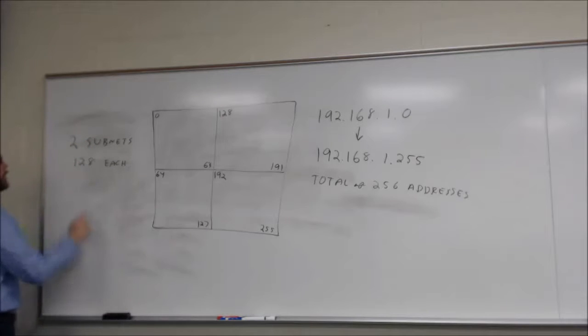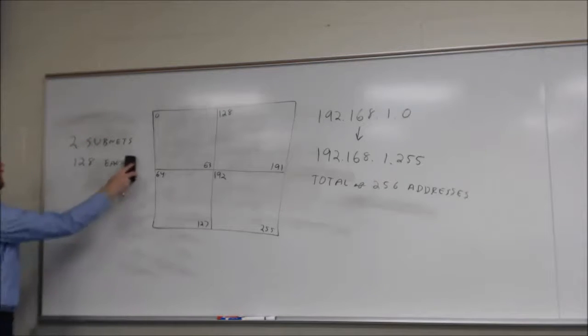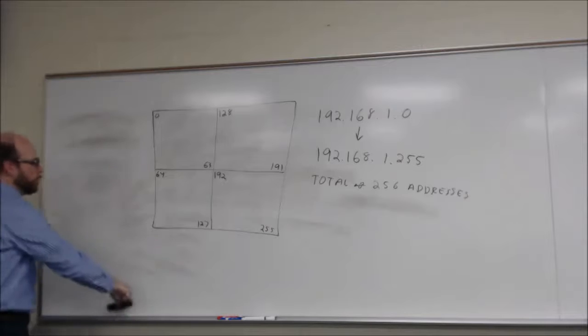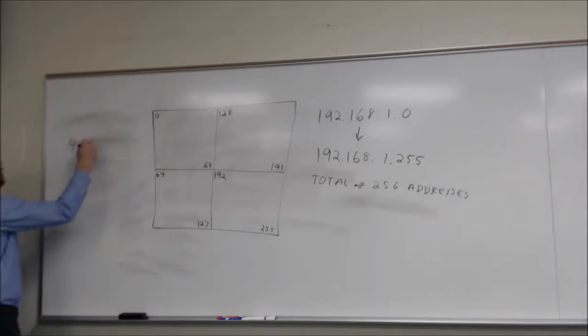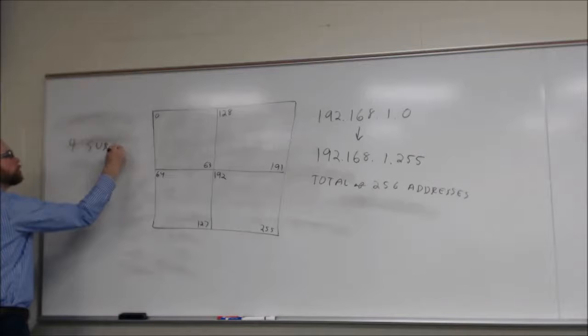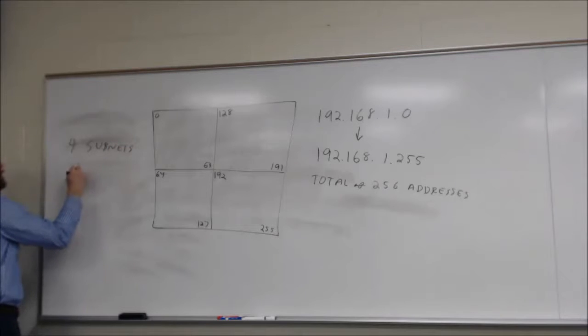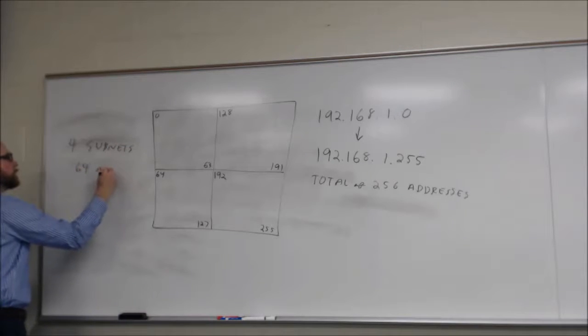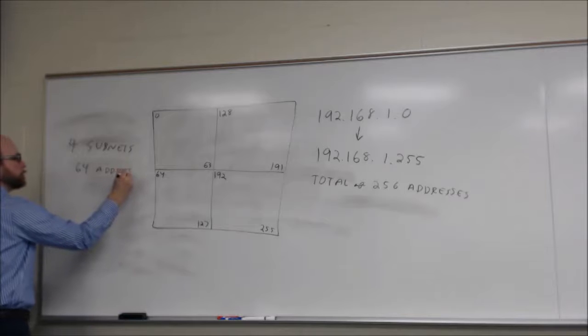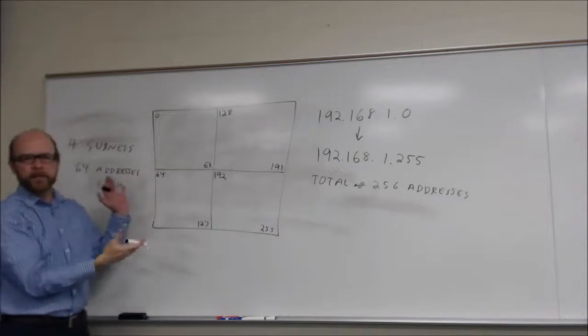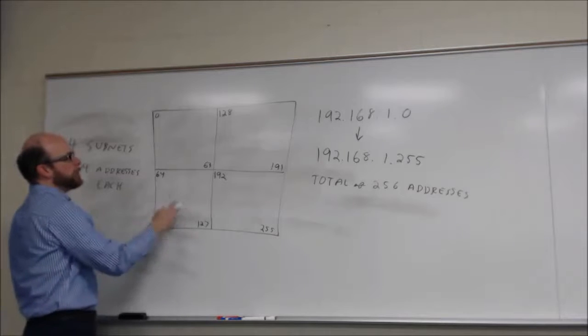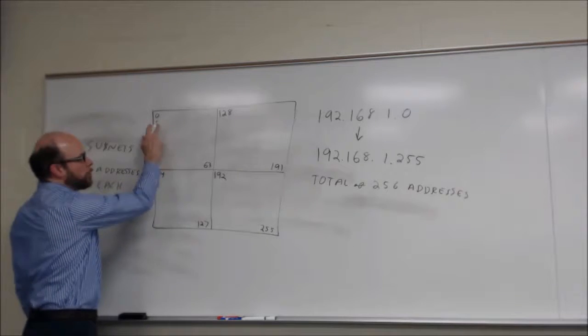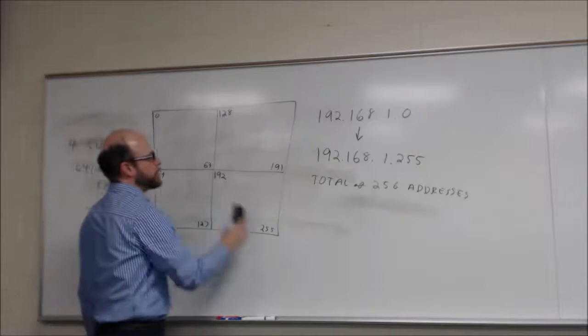So now, instead of having two subnets with 128 addresses each, we've gone to 4 subnets with 64 addresses each. Each one is an equal size.